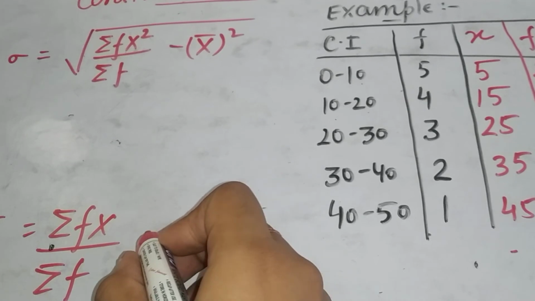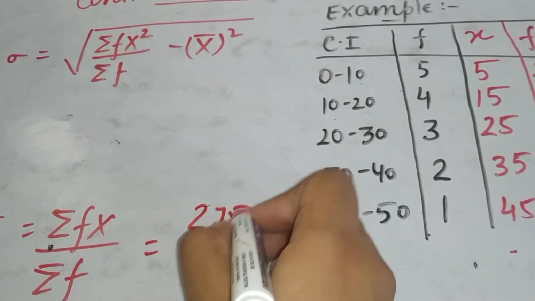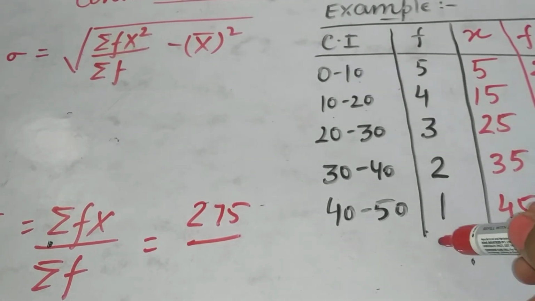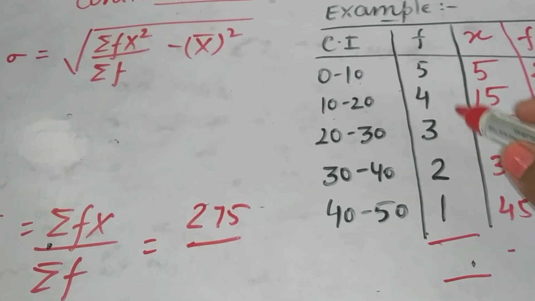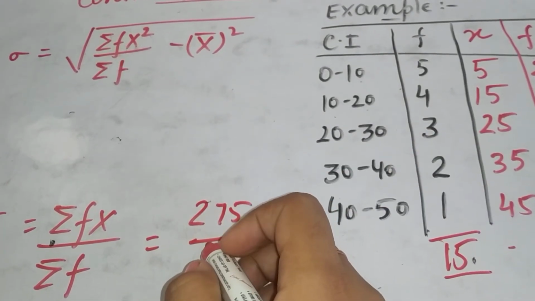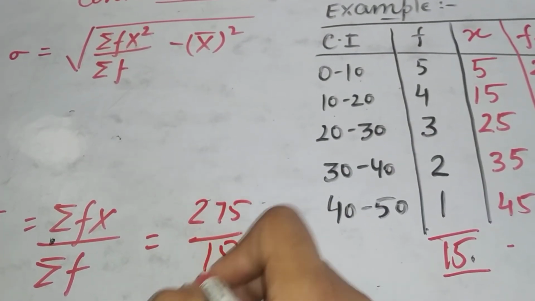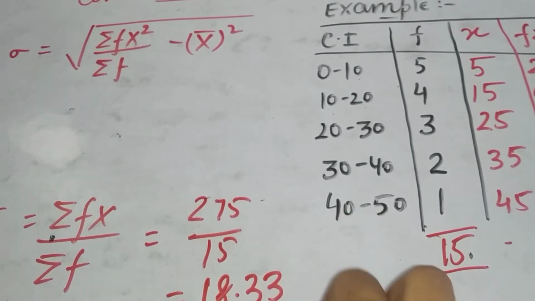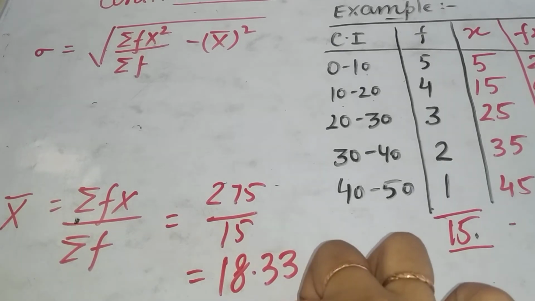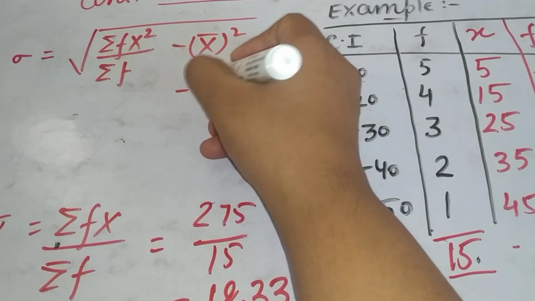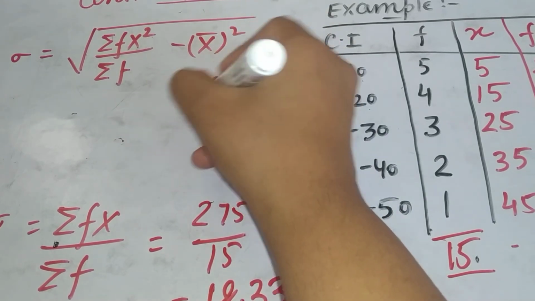This is 275 over summation f. Summation f, the sum of frequencies, is 15. So now divide them. We get 18.33. So this is the value for mean. Okay, put it in the formula, 18.33 whole square.